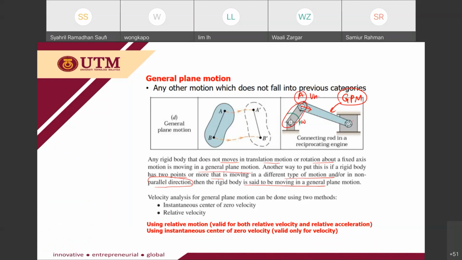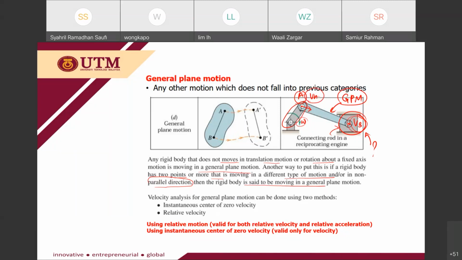But for this point B, how to determine this velocity? If the velocity of the block is not provided, how to determine this VB? With the information that you have here, VA can be obtained from this omega, but then how to determine VB?